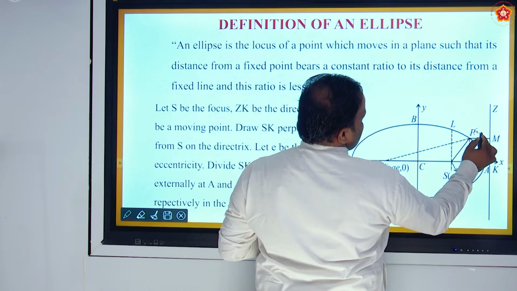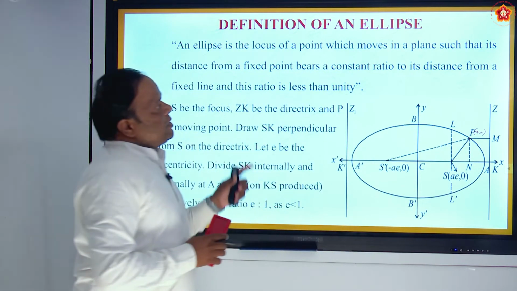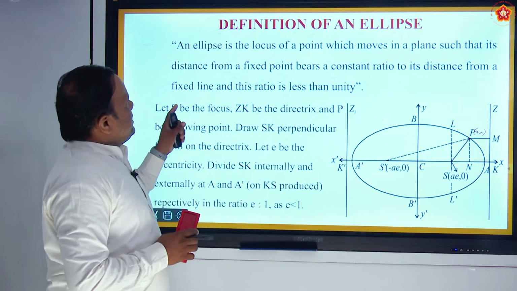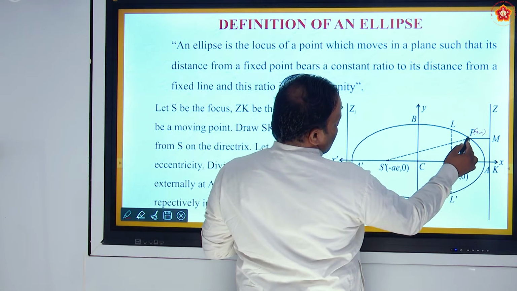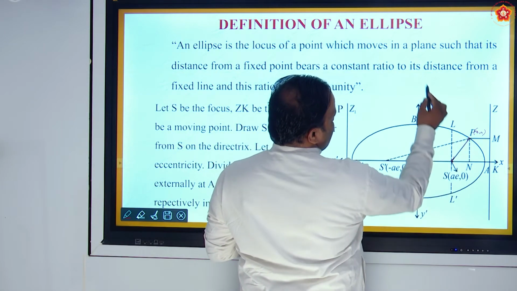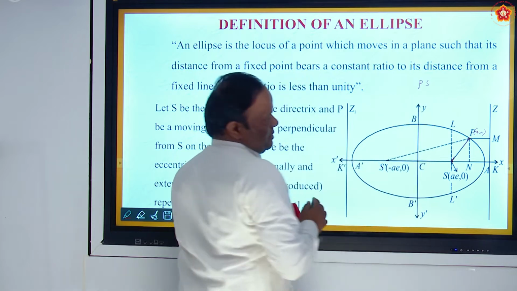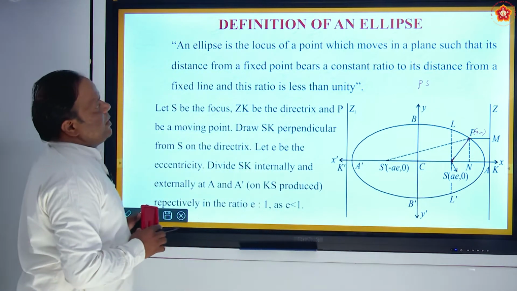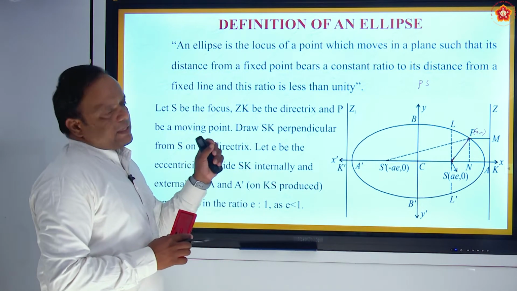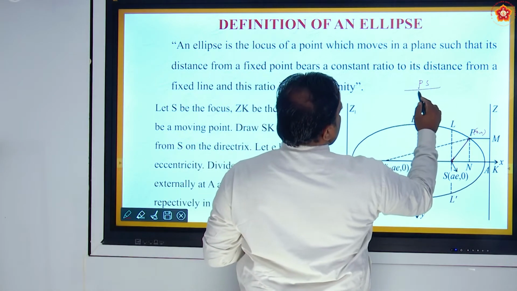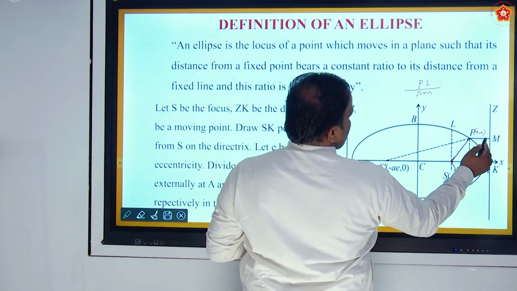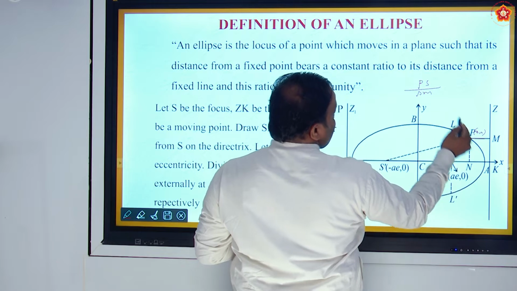This point is always x comma y, which moves in a plane such that its distance from the fixed point, S being the fixed point here, meaning PS, bears a constant ratio to its distance from the fixed line. The distance from the fixed line is PM here.